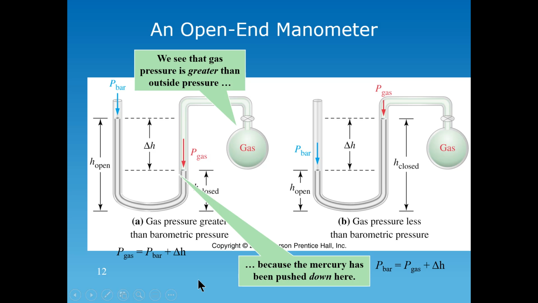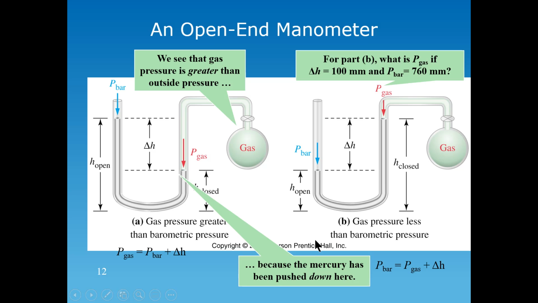Now, that's what happens in this case where the mercury level here is higher compared to here. If the situation was reversed, as you can see on this side, where the mercury level is lower compared to the side directly connected to the container, then we can again write down a relationship. In this case, the difference between these two values will be equal to delta H, so the barometric pressure would be equal to the pressure of the gas plus delta H. And that's the equation we have here, right?